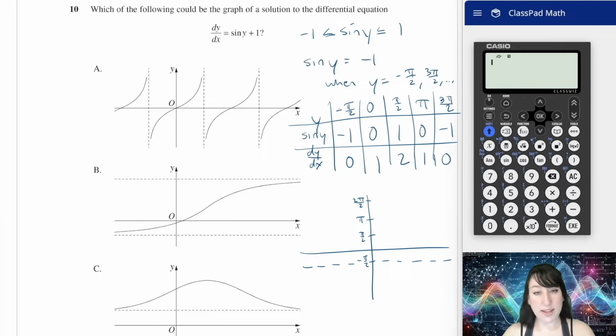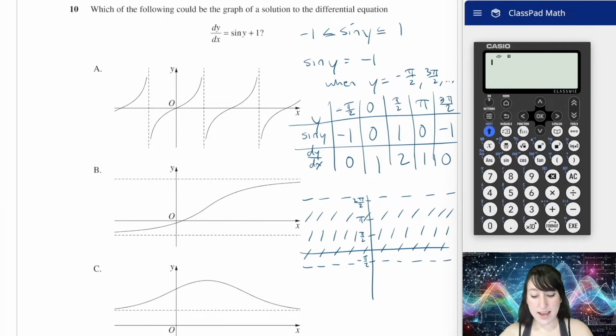Then at 0, it's 1. Then at pi/2, it gets steeper, being 2. Then at pi, back to 1. Finally, at 3pi/2, back to 0. So we should see this S-like shape as well as horizontal asymptotic behavior as we approach -pi/2, 3pi/2, and so on.